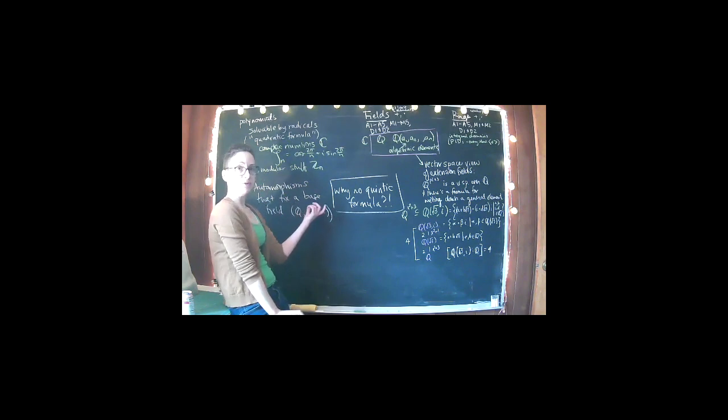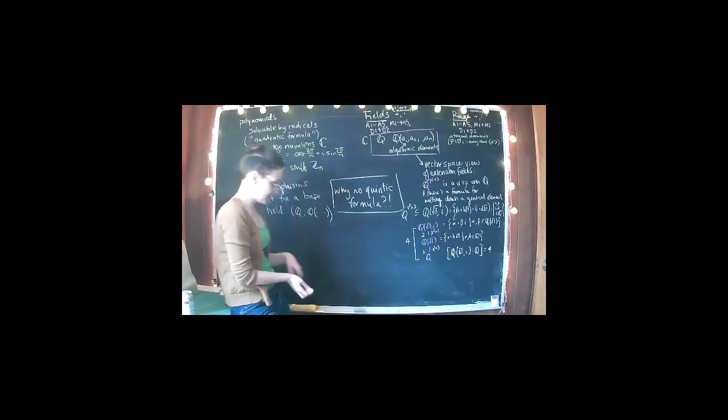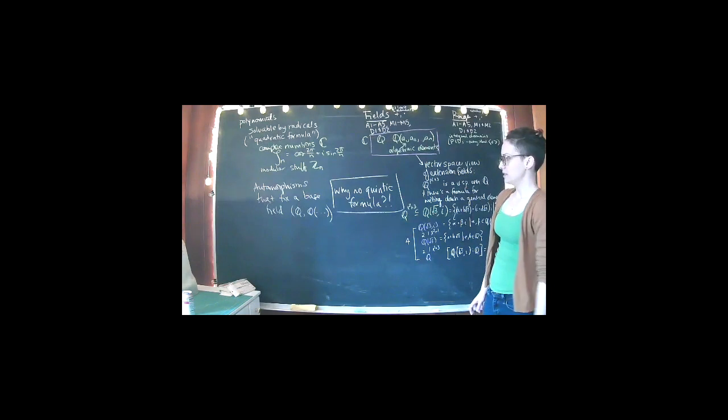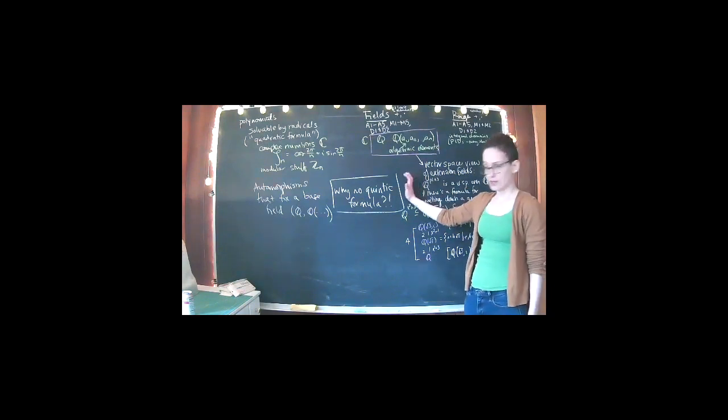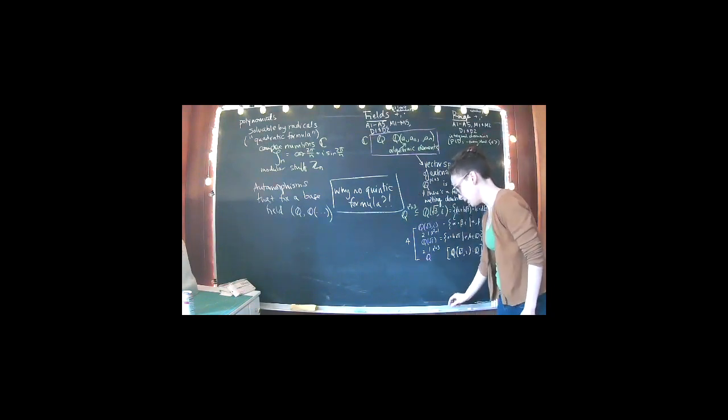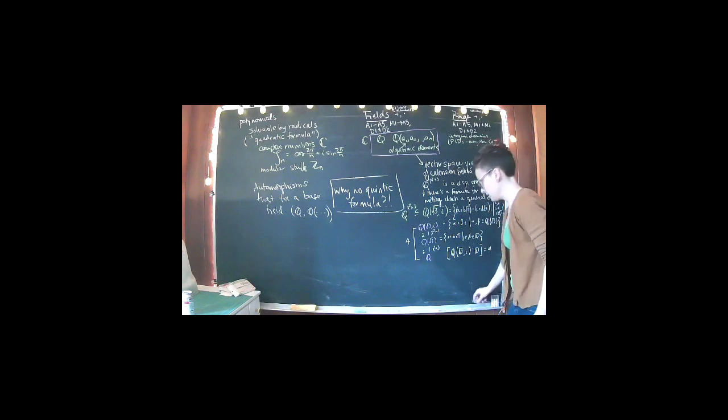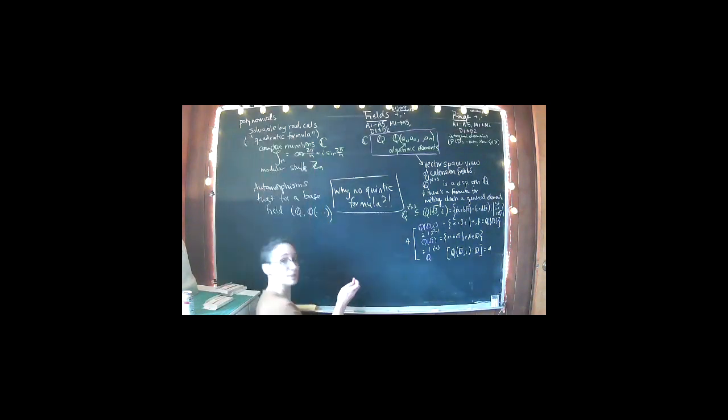If I know how I can move the roots around, that tells me something about the structure of the roots of the polynomial. And the way that we're going to understand this object, this is the most important definition relevant to answering our big question. We're going to talk about something called the Galois group.